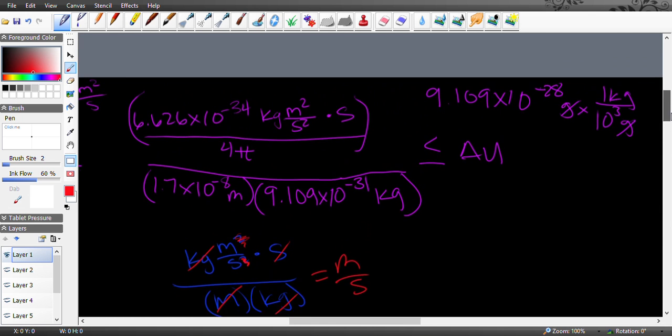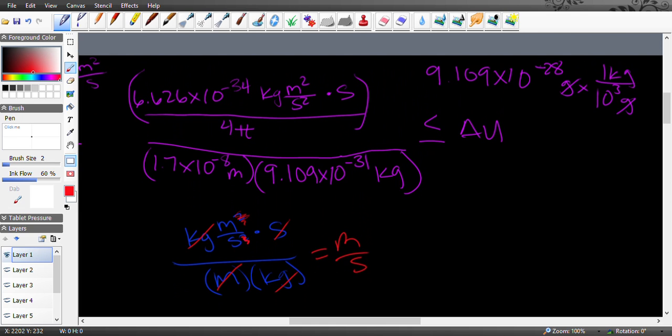And when you do the math, I believe you get delta u is greater than or equal to, I think, like 3.4 times 10 to the 3 meters per second.